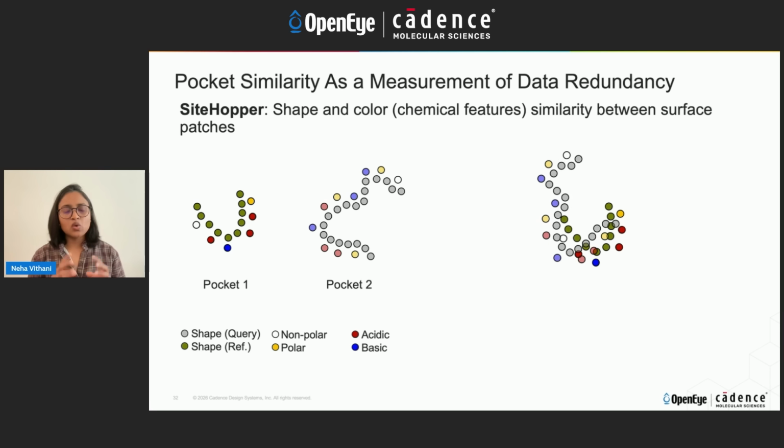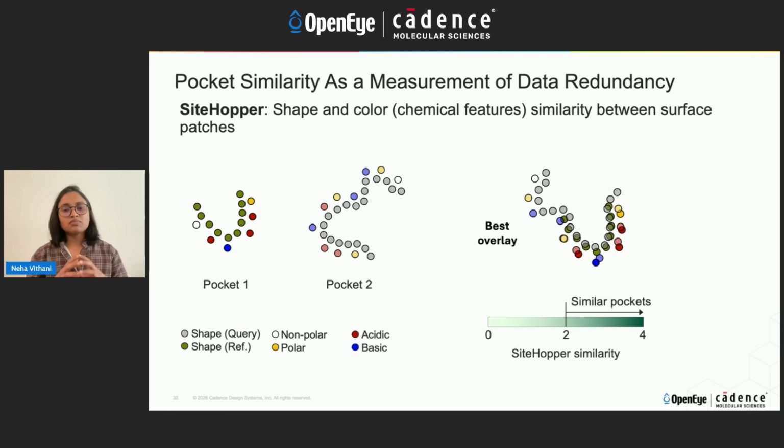We start by using OpenEye's SiteHopper, which characterizes pockets based on their shape and chemical features. Each pocket is represented by a set of Gaussians that describe their shape and chemical features, and 2 pockets are compared by optimizing overlap between these Gaussians to compute similarity. The SiteHopper similarity, which measures similarity between 2 pockets, ranges from 0 to 4. 2 pockets with a SiteHopper similarity score greater than 2 are considered highly similar.